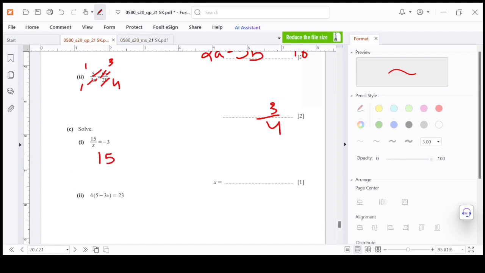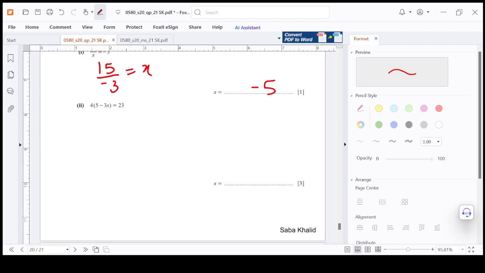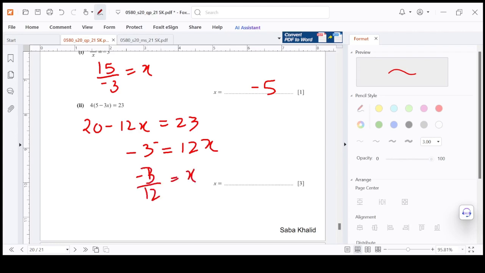Easy peasy. 15 divided by minus 3 equals x, x equals minus 5. Then we expand and solve this. 4 5s are 20, minus 12x equals 23. Move it around, we get minus 3 here and 12x here, and then minus 3 upon 12 is equal to x. x is minus 1 upon 4.